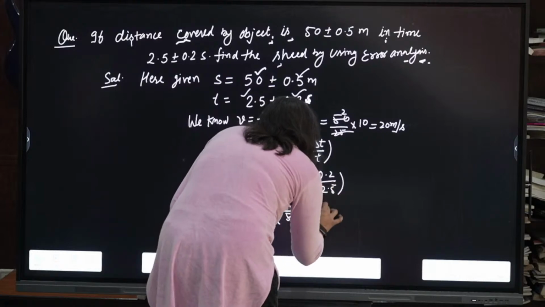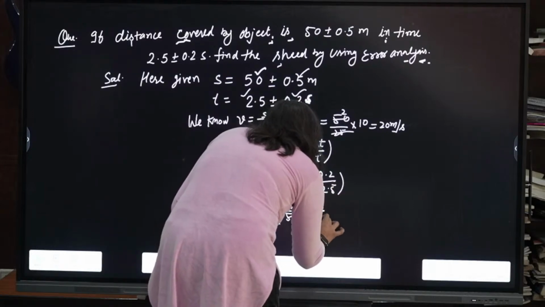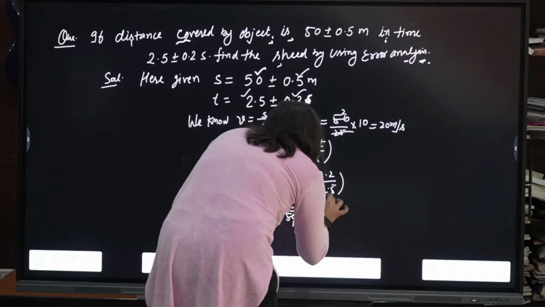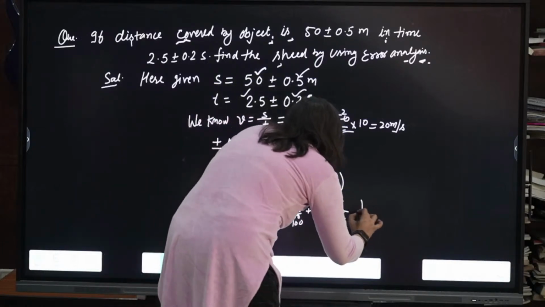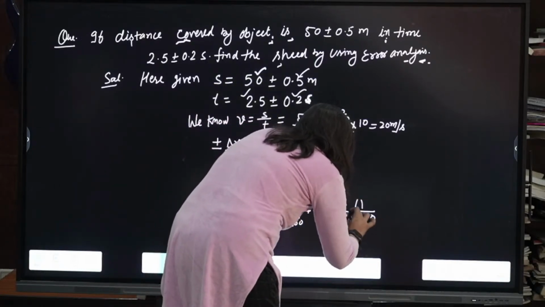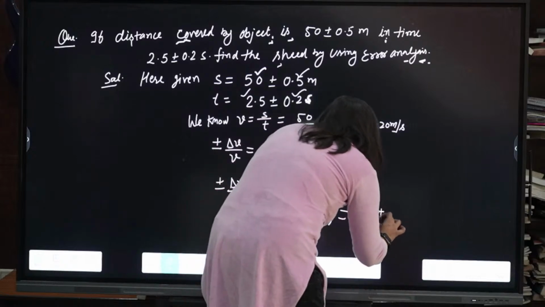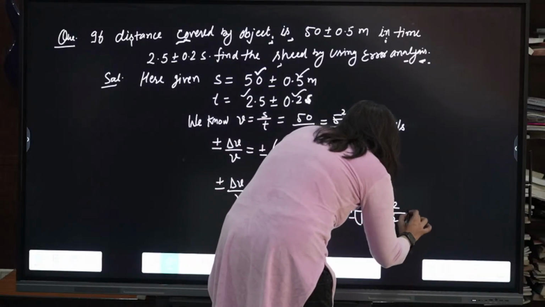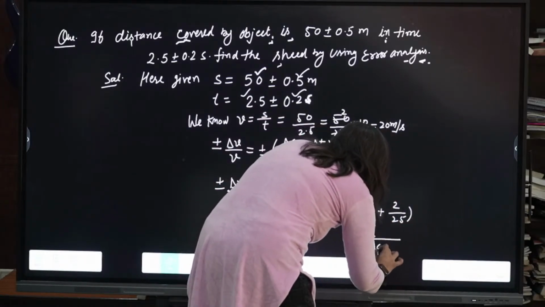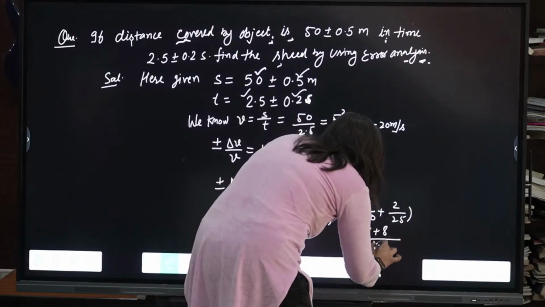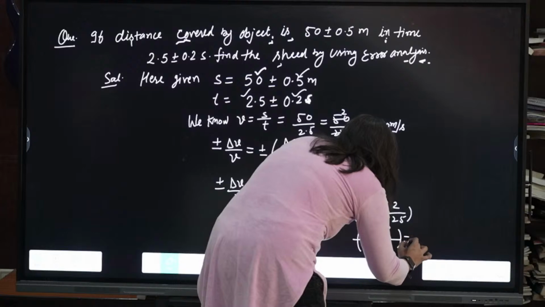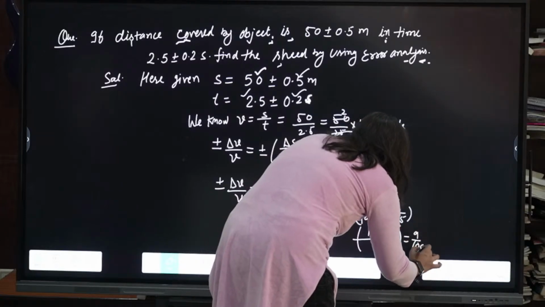And here 2 by 25. Then 1 by 100 plus 2 by 25. LCM here 100. Then it is 1 plus 8. Then it is 9 by 100.